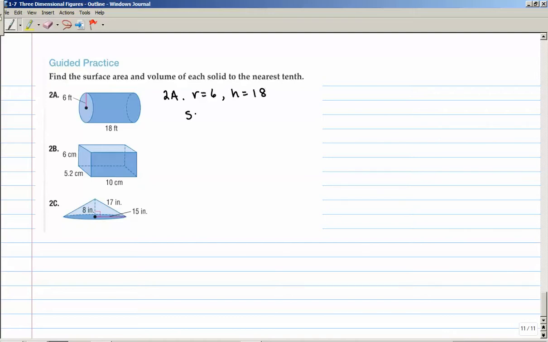So the surface area of a cylinder, remind myself here, is 2 pi r h plus 2 pi r squared. It's pretty straightforward. Just plug in the numbers: 2 times pi times 6 times 18 plus 2 times pi times 6 squared.